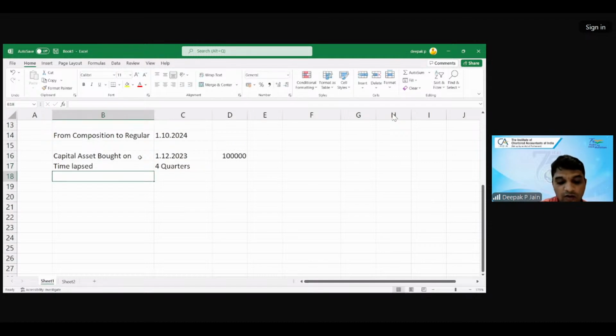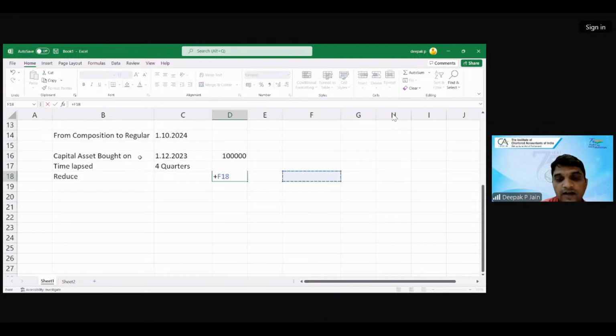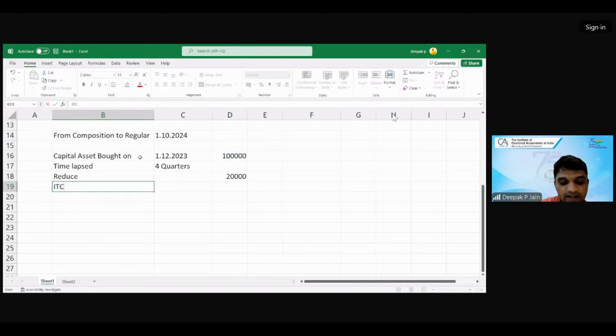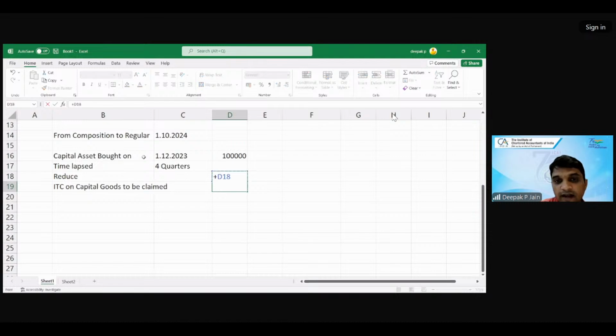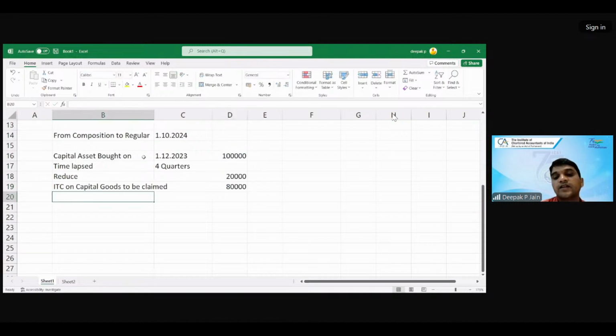Okay, so how much has to get reduced will be 1 lakh into 5% into 4 quarters. So ITC on capital goods to be claimed is 1 lakh minus 20,000. So this much credit I can claim on 1st of October 2024.